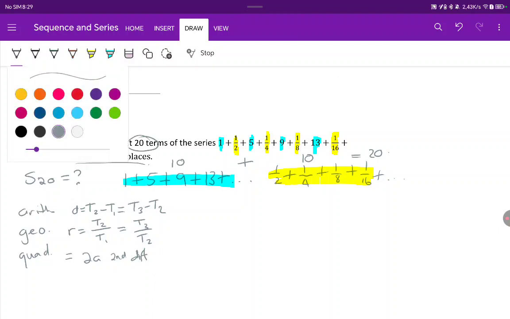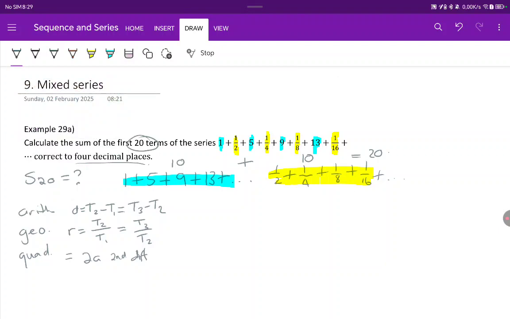Let's do this one in blue. So let's check our first blue section, and we're going to say, okay, first we're going to check, is it arithmetic? So is d equal to, we're asking this question, 5 minus 1, and is that equal to 9 minus 5?